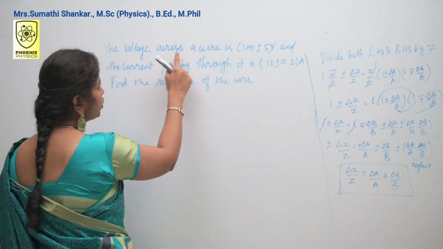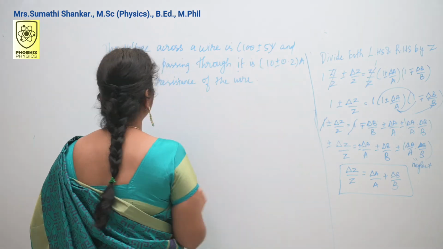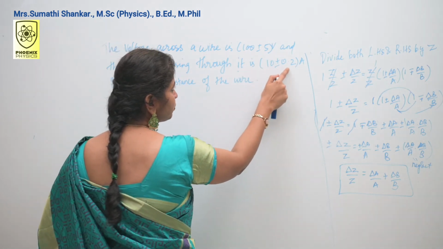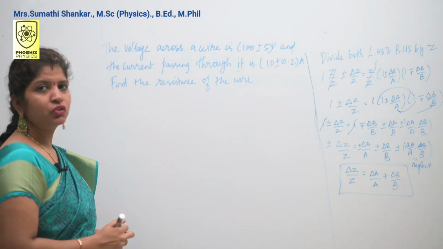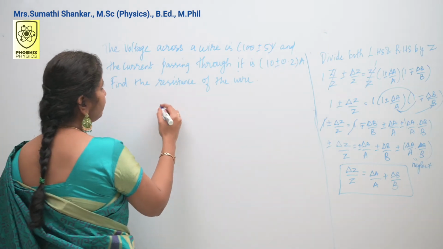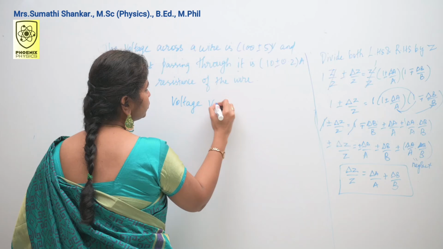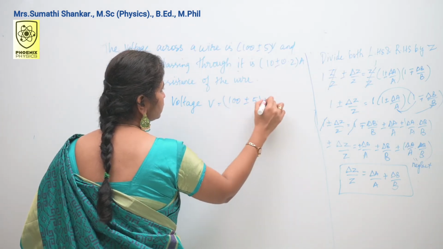The voltage across a wire is 100 plus or minus 5 volt and the current passing through it is 10 plus or minus 0.2 ampere. Find out the resistance of the wire. What is given? Voltage V is equal to 100 plus or minus 5 volt.